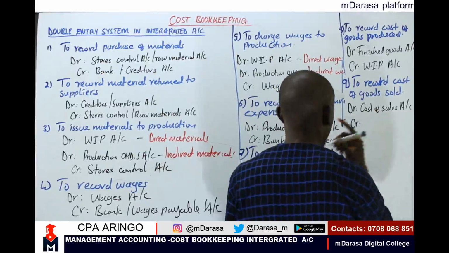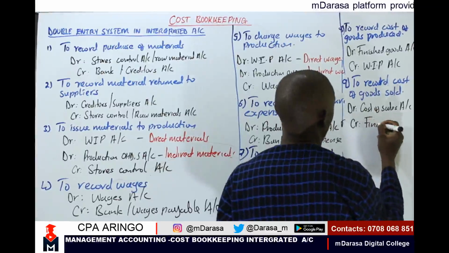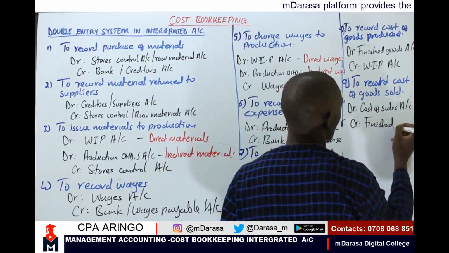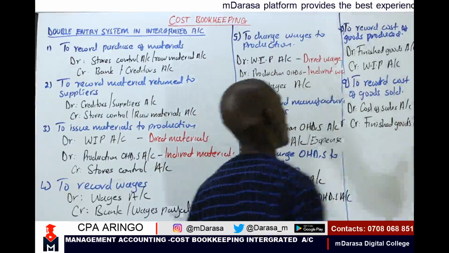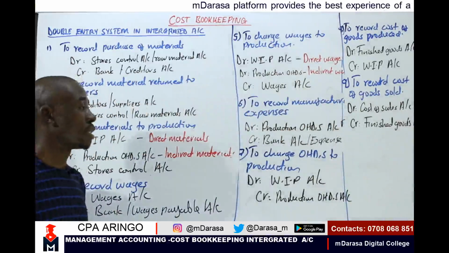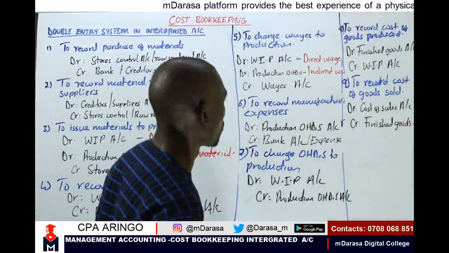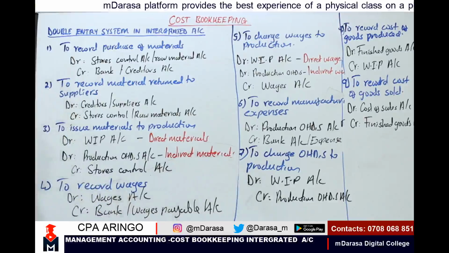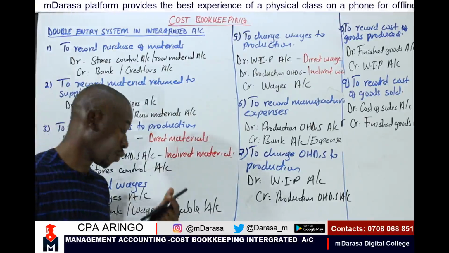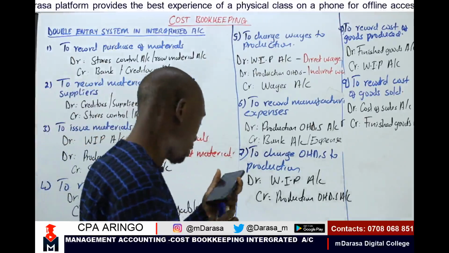We are going to credit our finished goods, because I'm transferring them from the finished goods. So we debit cost of sales account, then you credit what? Our finished goods.